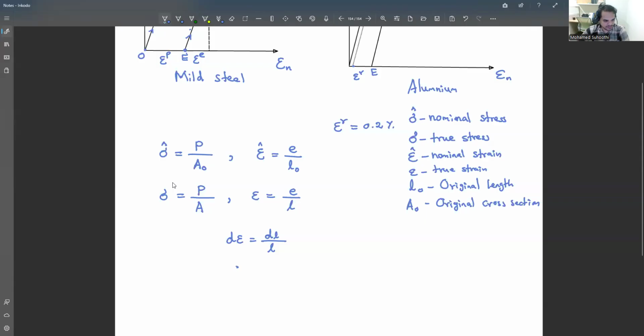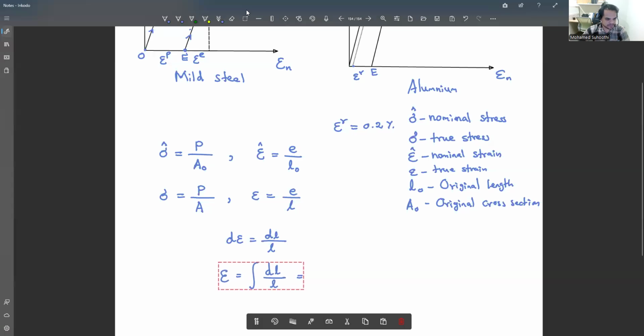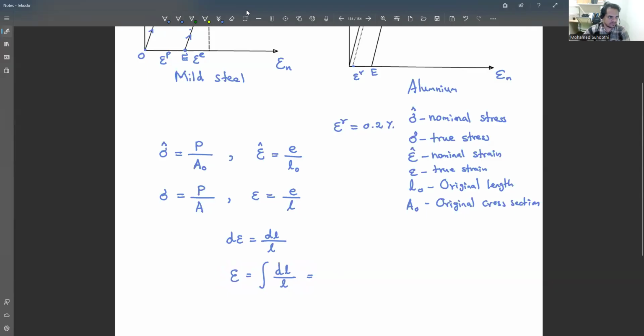If you integrate this side, you will get strain: the integration of dL over L, with the limits from L naught to L. So that gives ln L minus ln L naught, which you can write as ln of L over L naught.